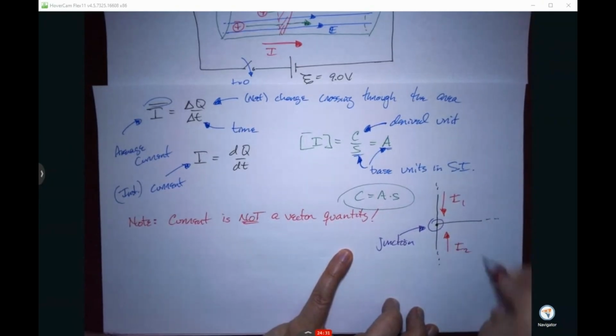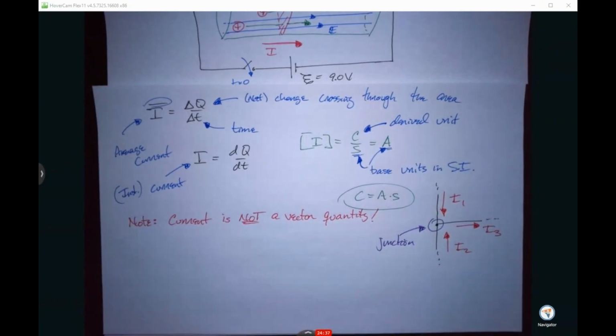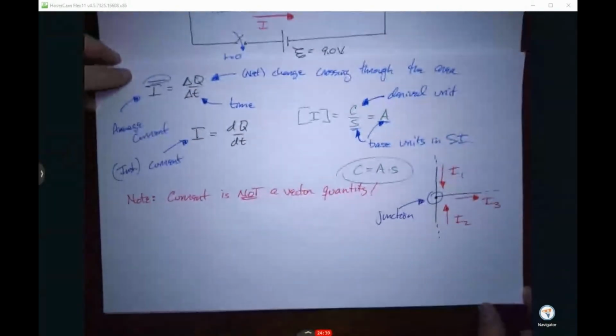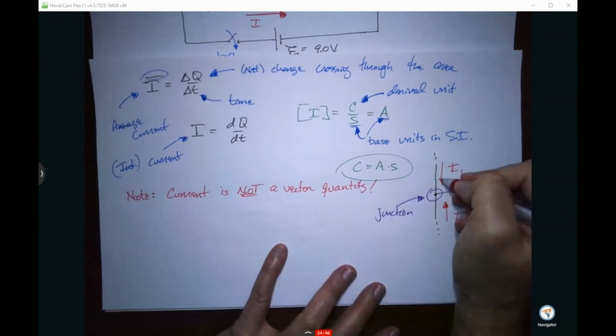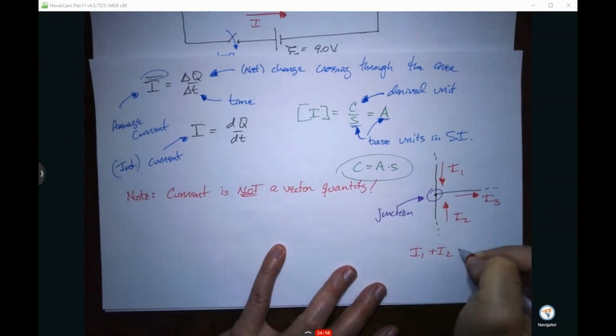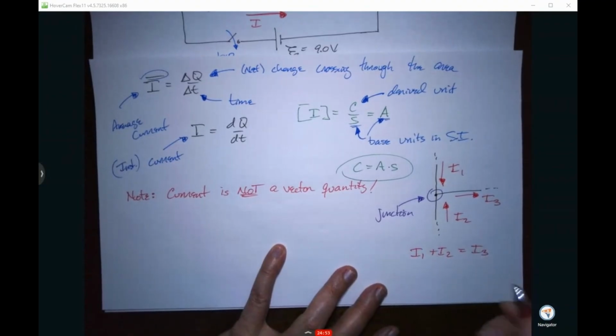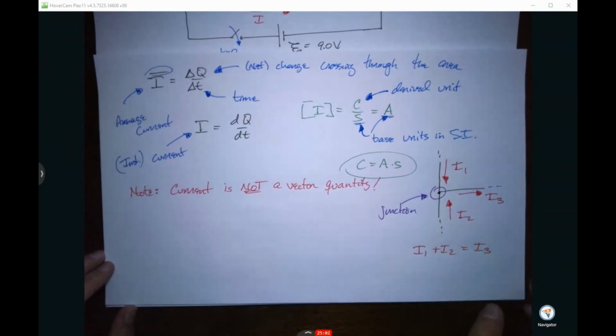Current will flow into the junction on the lower wire segment. Let's call it I2. And the current then flows out of the junction along the horizontal wire segment. Let's call it I3. And then we'll have something called Kirchhoff's junction rule. It basically states that the current 1 plus the current 2 should equal the current 3 because charge is a conserved quantity. The charge that goes into this junction has to equal the amount of charge that goes out of the junction at every instant.